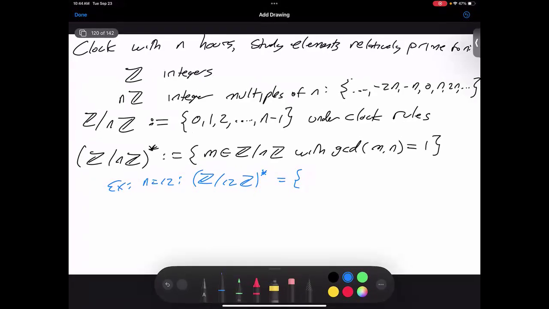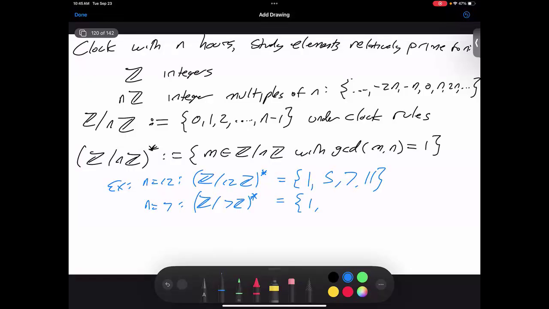It's okay. You can call me professor. You don't have to. So try again. What are the numbers relatively prime to 12? 1, 5, 7, 11. If I give you n equals 7, what are the numbers relatively prime to 7? 1.